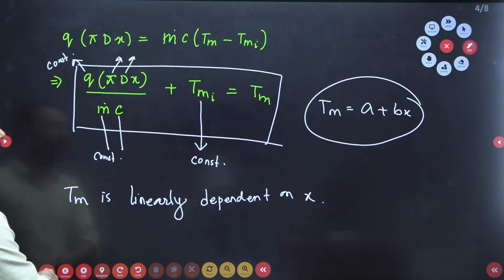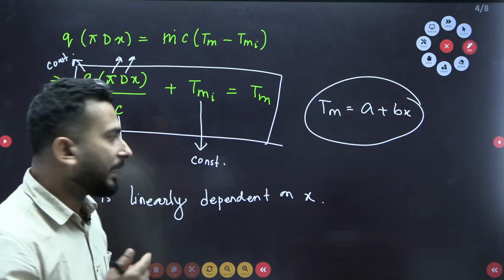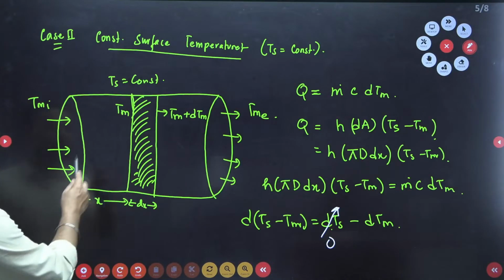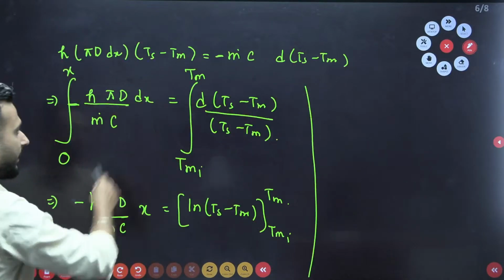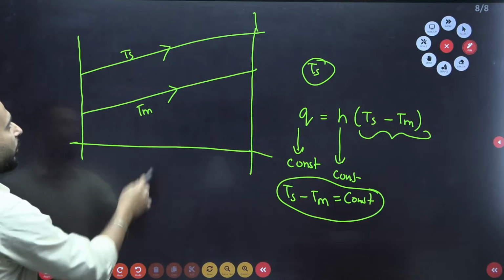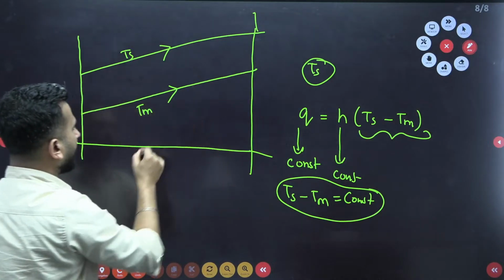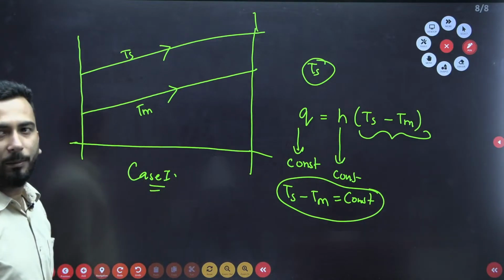It is increasing in a linear fashion. Second was constant surface temperature, and there we did the analysis and saw that it is increasing in a logarithmic manner. So this is case 1, and in case 2 it is increasing in a logarithmic manner.